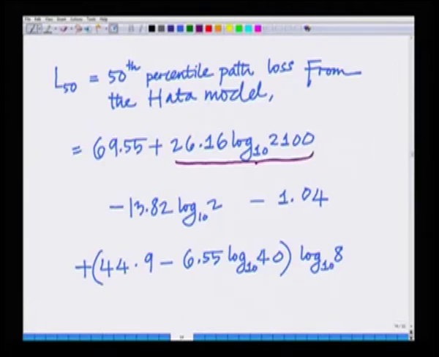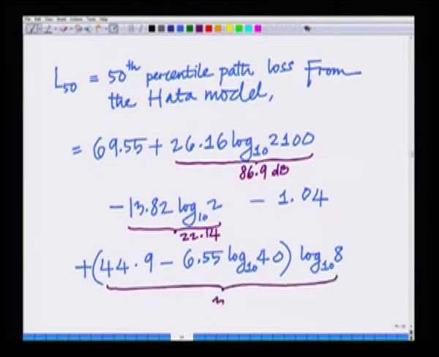You can check these. This is essentially 86.9 dB. This is essentially 22.14 dB. This is 1.04 and this is essentially 31.07 dB.